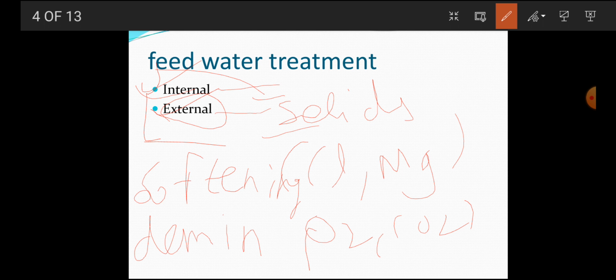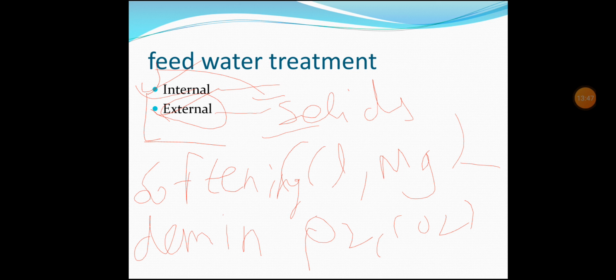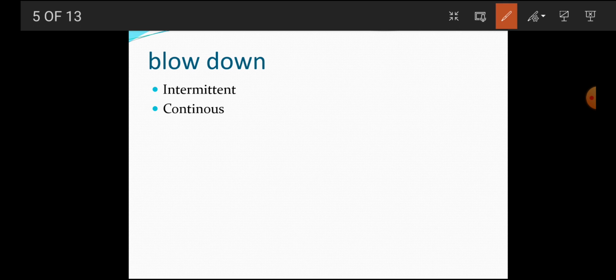Now next we are going to discuss blowdown. That's boiler blowdown. So what is boiler blowdown? So when water is boiled and steam is generated, when water is converted into steam, any dissolved salts contained in the water remain in the boiler.